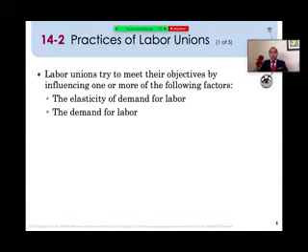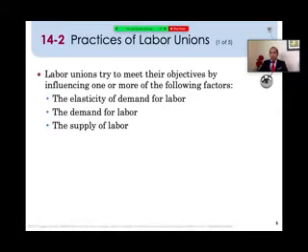The actual demand for labor that is higher in the industry, the supply of labor by making their membership exclusive or non-exclusive, etc. And these three categories are crucial when it comes to who gets to work under unionized labor.